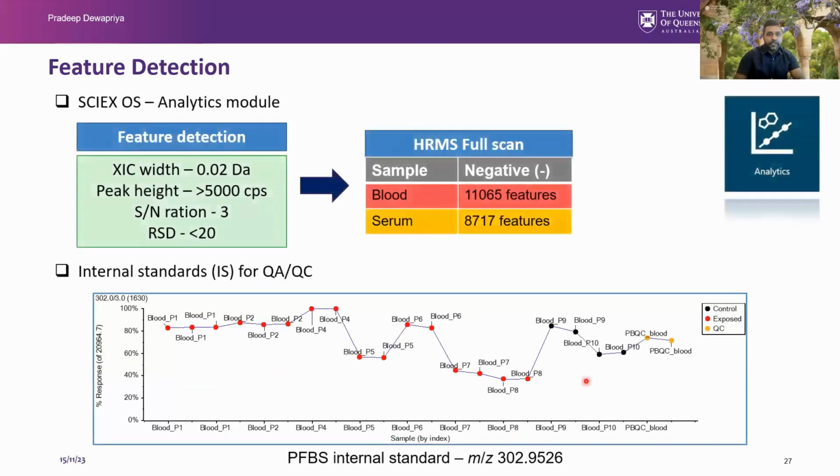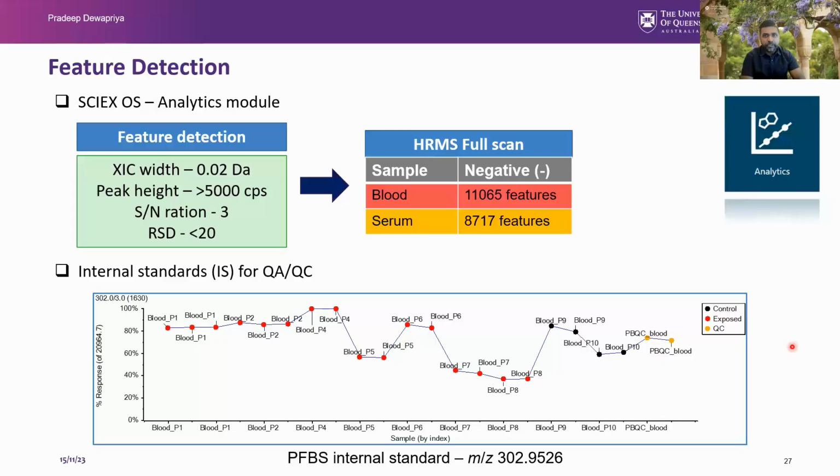So we carefully optimized our feature detection, and for feature detection, we use the SCIEX OS analytics module. As I mentioned, these are the basic feature finding parameters. The rest of the parameters were SCIEX default settings. Both blood and serum gave a massive list of features.